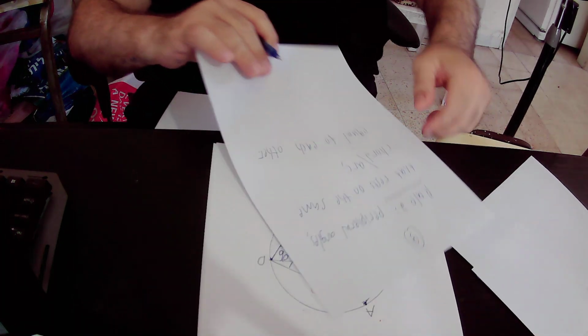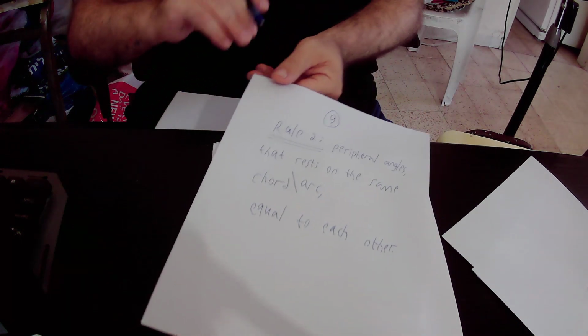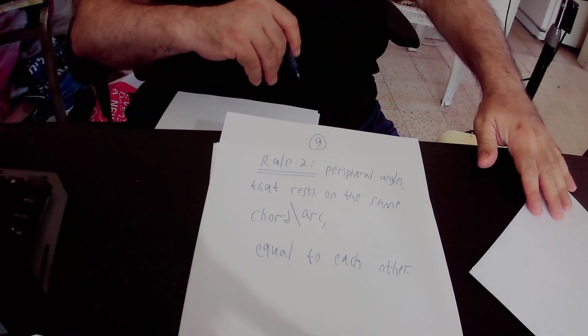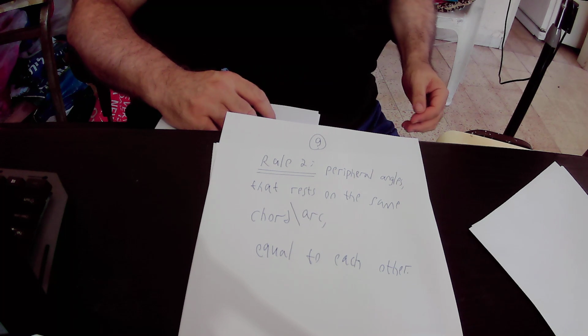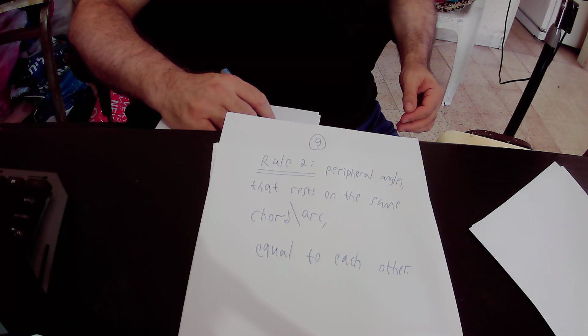So I will read rule number 2 again. Rule number 2 states that peripheral angles that rest on the same chord or same arc are equal to each other.